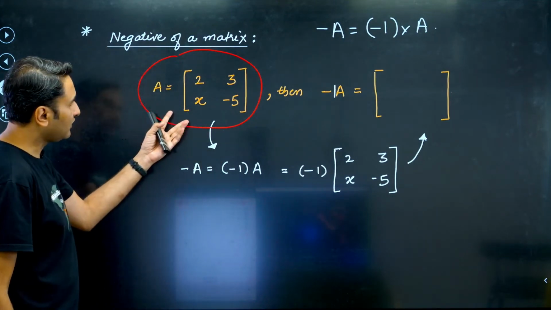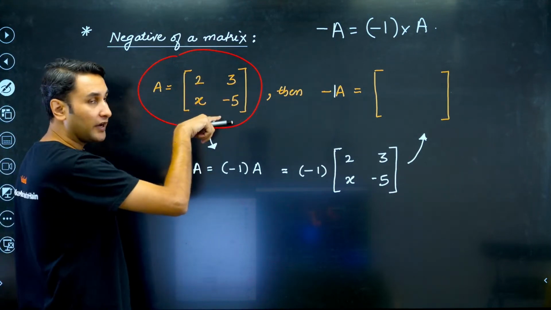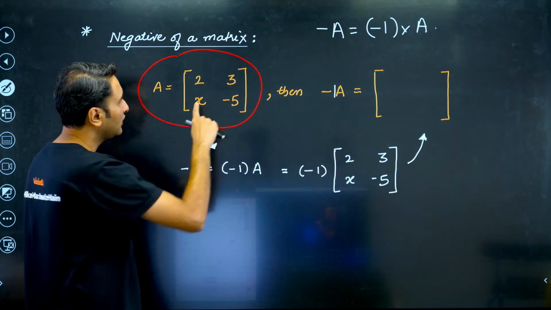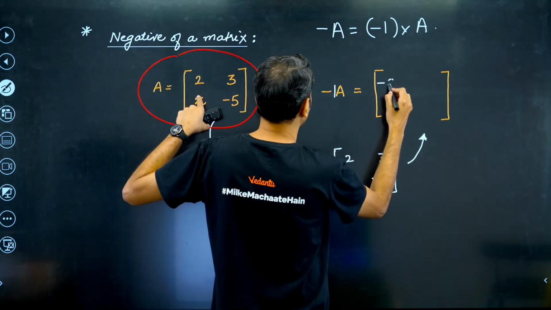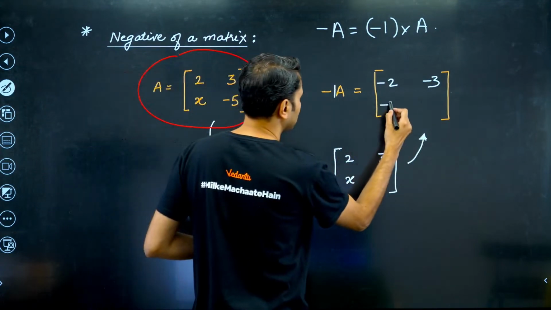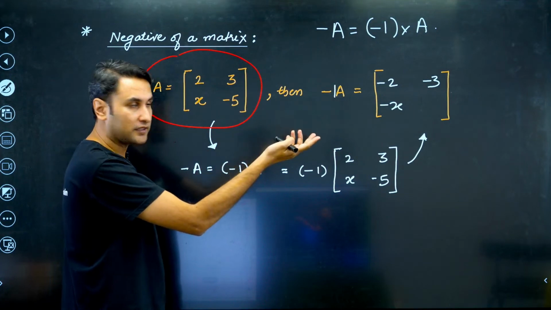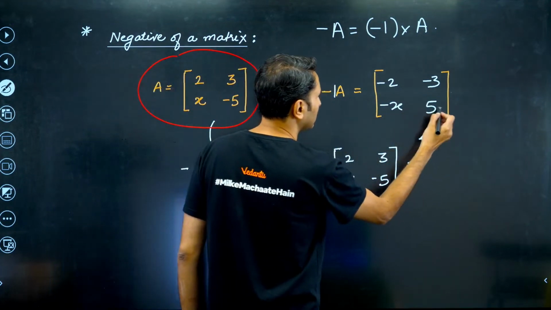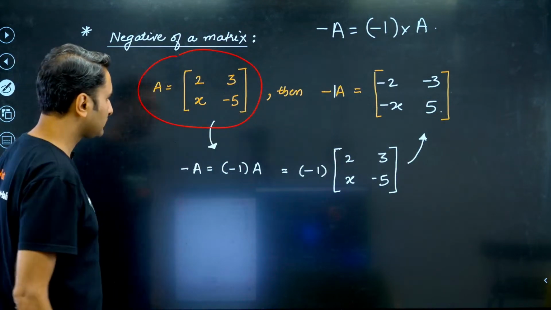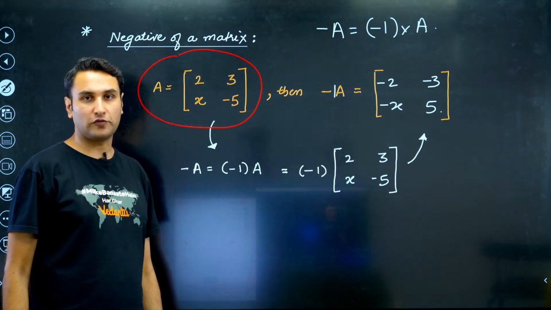So if this is A, minus A will be obtained by giving a minus sign, or multiplying all the elements with minus 1. So 2 will become minus 2, 3 will become minus 3, x will become minus x, and minus 5 when multiplied by minus 1 will become 5. This is what we call minus A, and this is what we call the negative of a matrix.